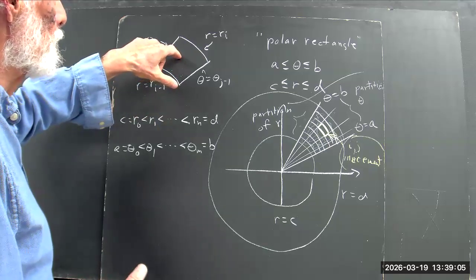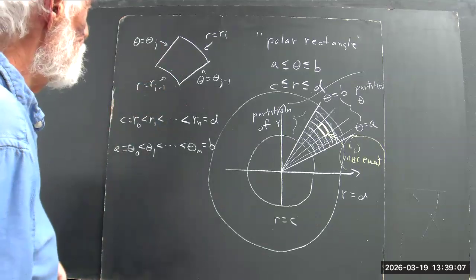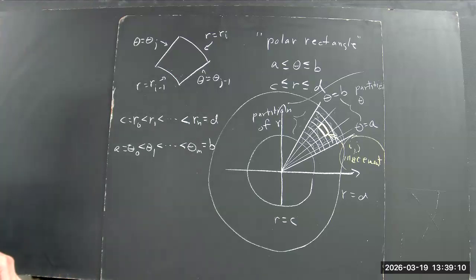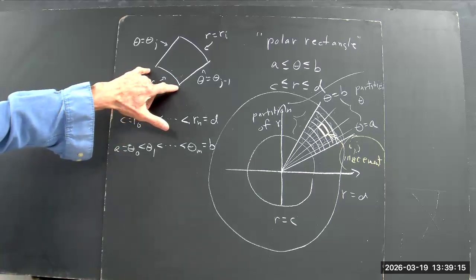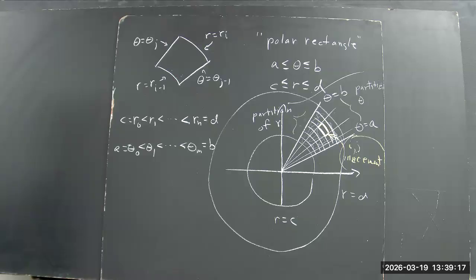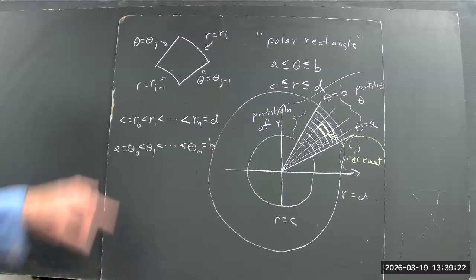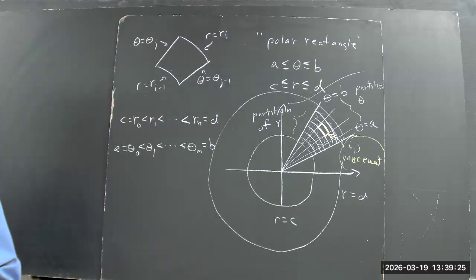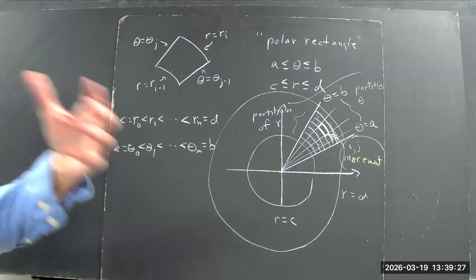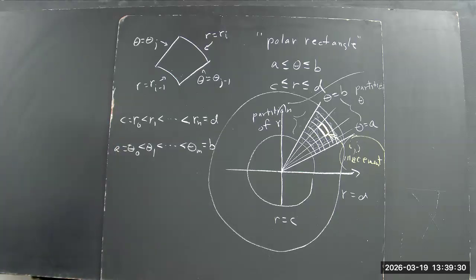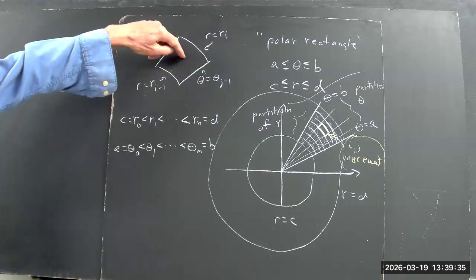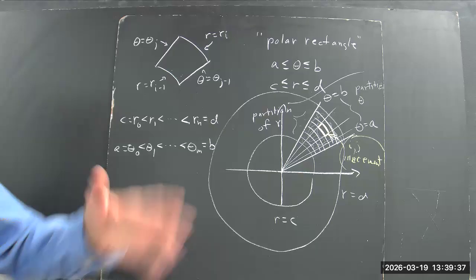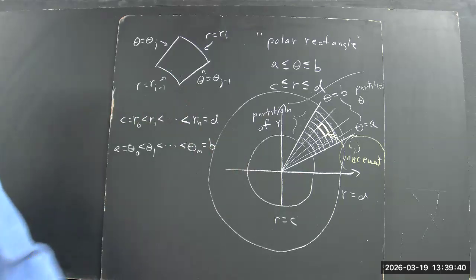So what's the area of this increment? Well, first of all, how long is this arc? This arc is a little shorter than this arc, isn't it? Okay, now your book does something a little different than what I'm doing. Your book says, I think, let's take the sample point halfway between here and here, something like that. Sample point's random. I prefer a random sample point.